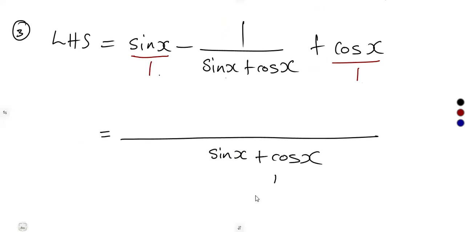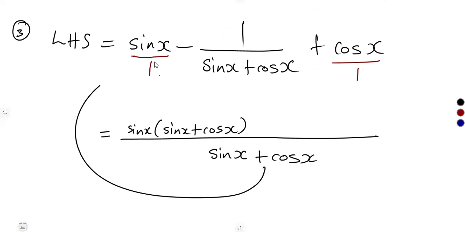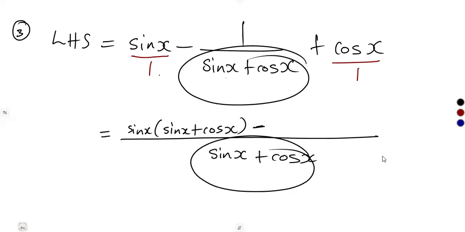Remember your division. You divide this one by 1, it is going to remain as it is. Then you multiply by sine of x. So it was going to be sine of x into, remember, the sine of x plus cos of x, it remains as it is when you divide by 1. That's a minus here. So this one divided by this, what are we going to have?